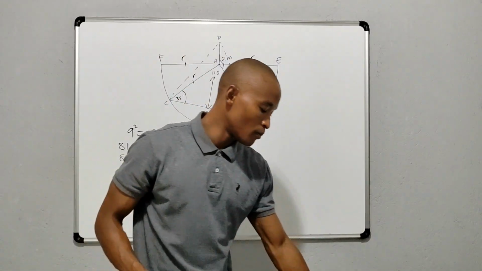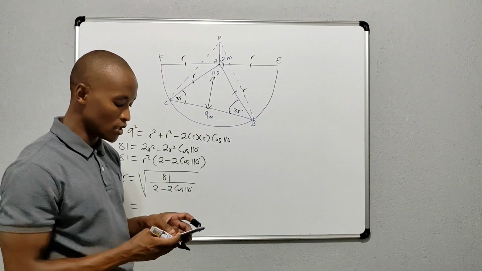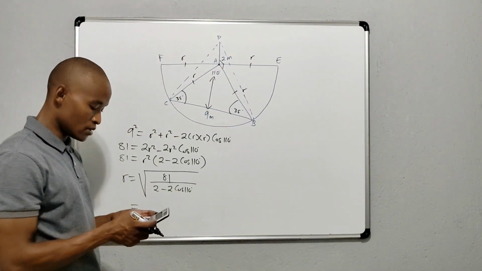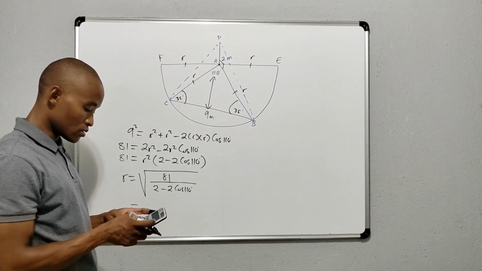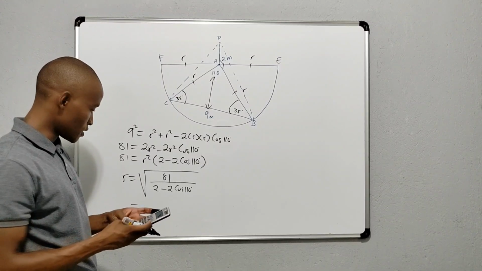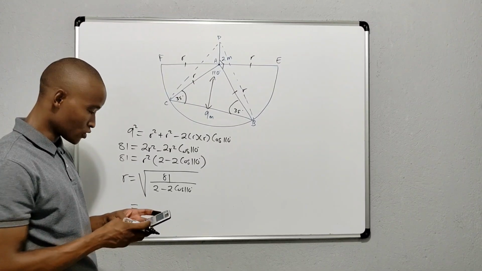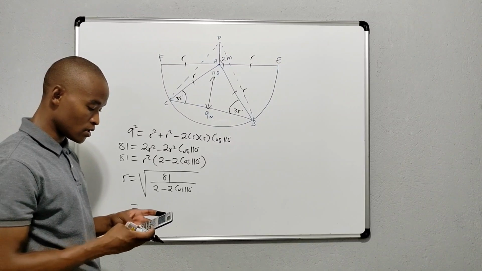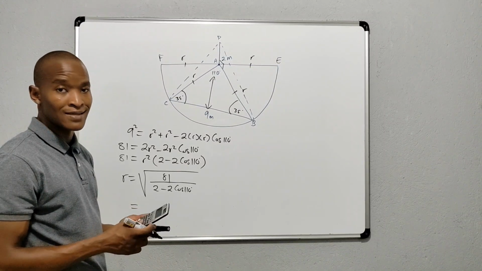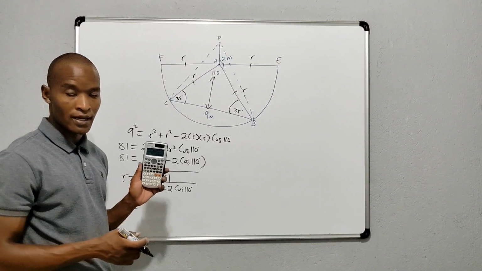Good. We now plug that into our calculators and find out what the answer is, the length of the radius, cos of 110 degrees. Make sure that your calculator is in degree mode, not the radian mode.